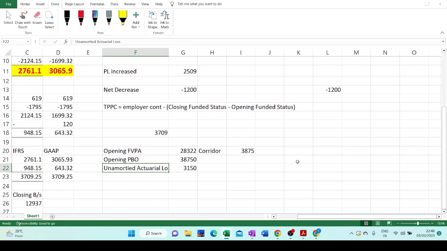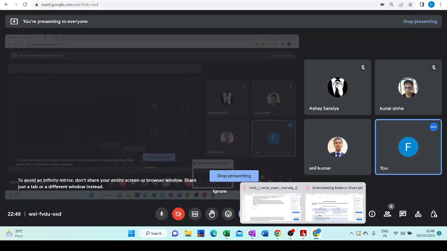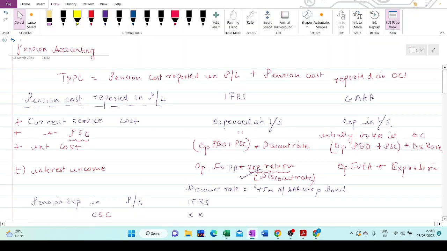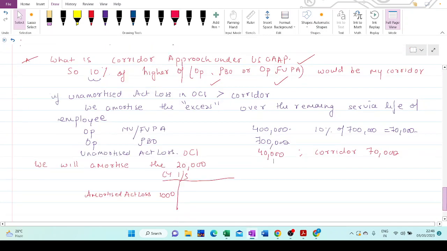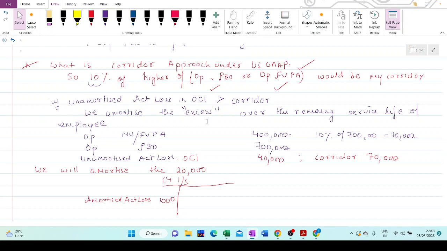Sir, how did you take 10%? Is it standard? Yeah, it's the standard. That's what the corridor approach says. ठीक है ना? The 10% of the larger of the two numbers would be my corridor, and if the unamortized actuarial loss exceeds the corridor, then my actuarial loss is big now and I have to start amortizing it.